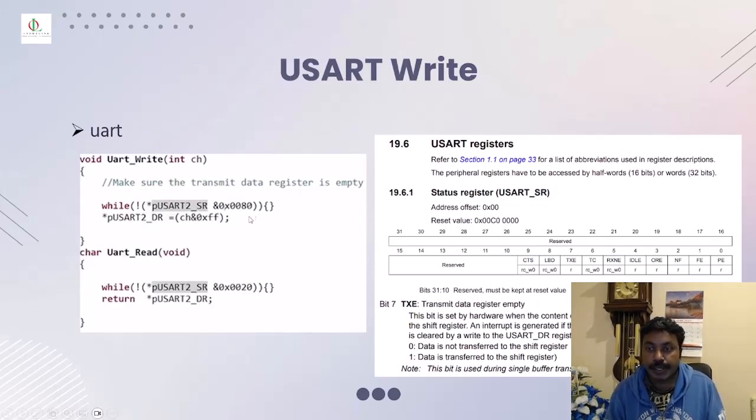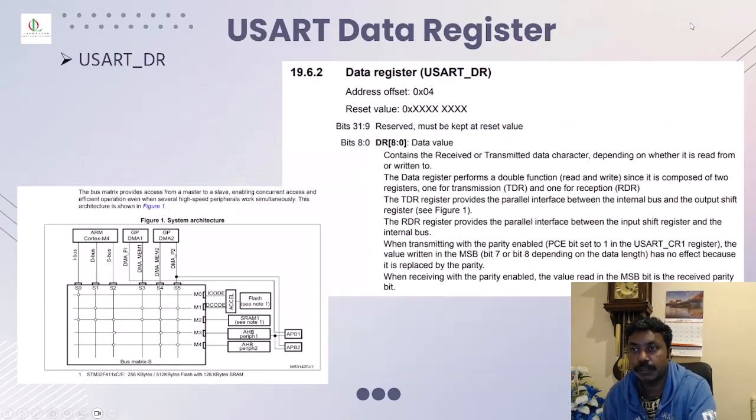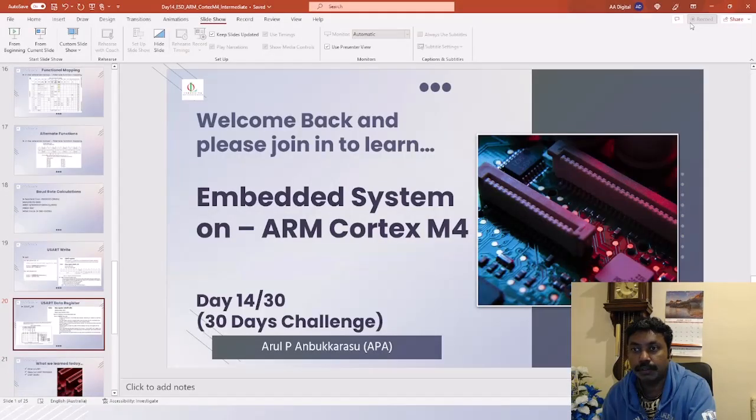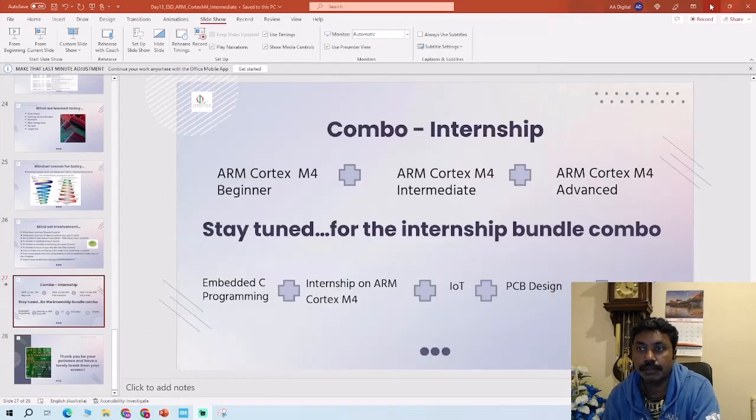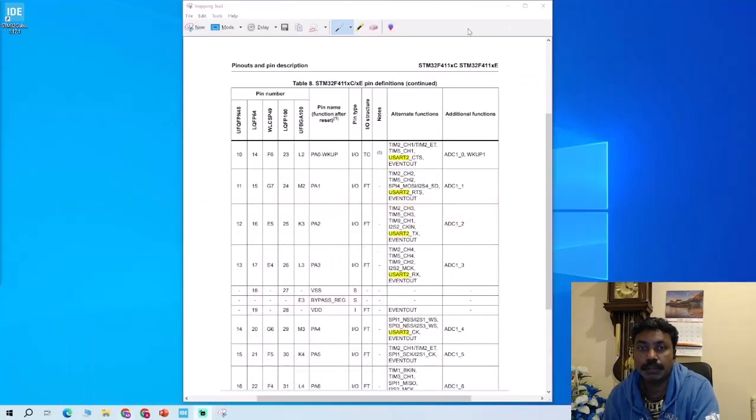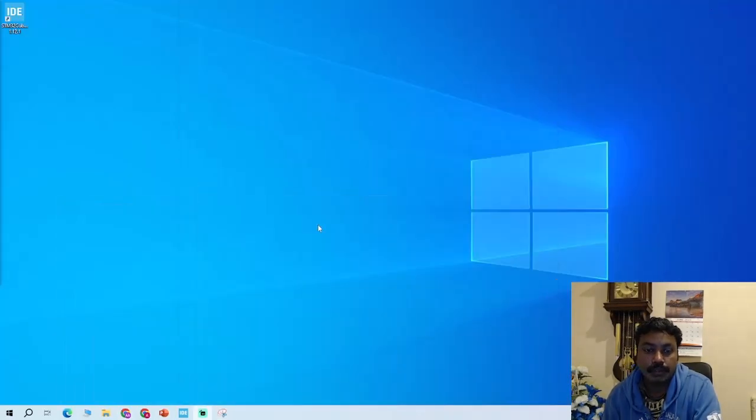Okay, let's go into the IDE, and I'll show you how to write the program from scratch. So let me minimize this. I already opened the IDE, as you can see.